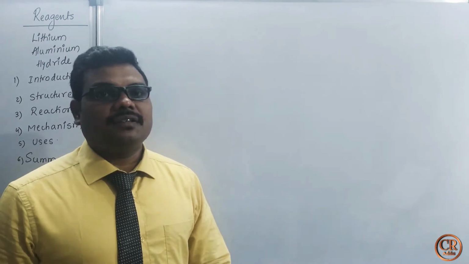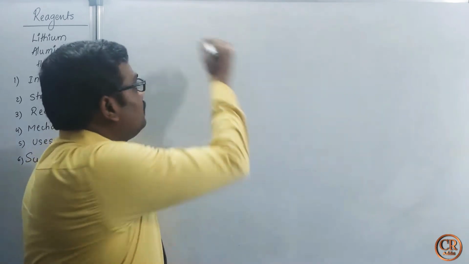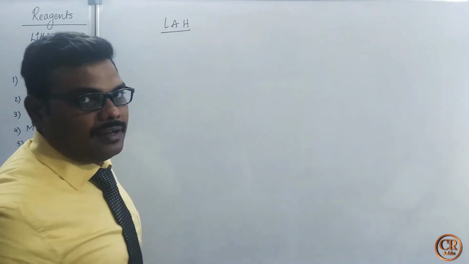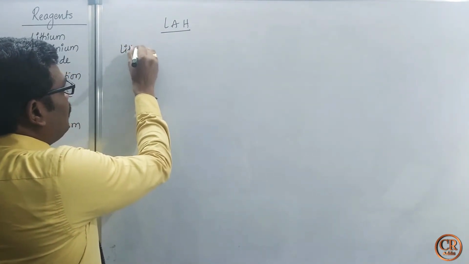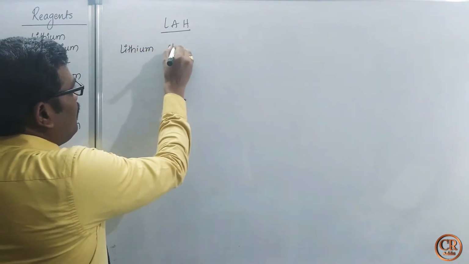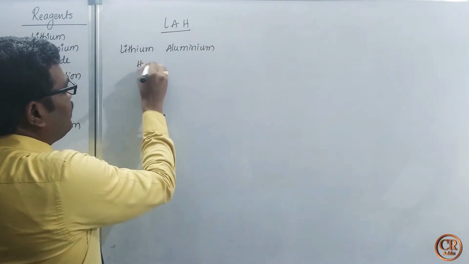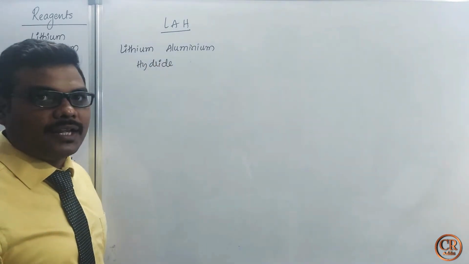I'm going to start reagent series with lithium aluminum hydride. Lithium aluminum hydride in short form we can write as LAH. Here L stands for lithium, A aluminum, H hydride. This lithium aluminum hydride is a good reducing agent.